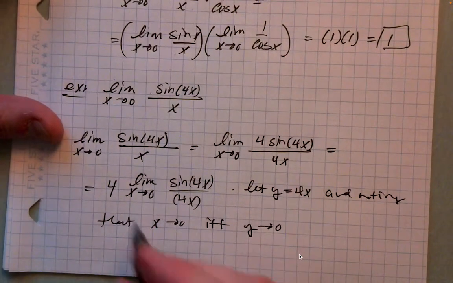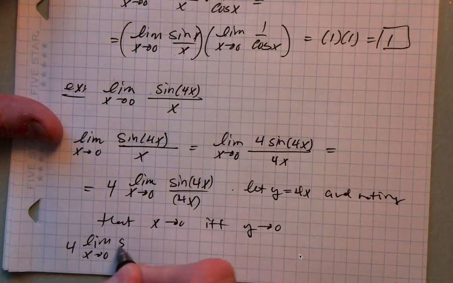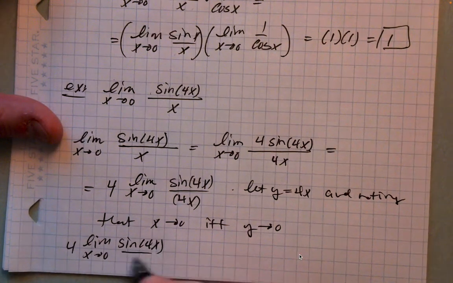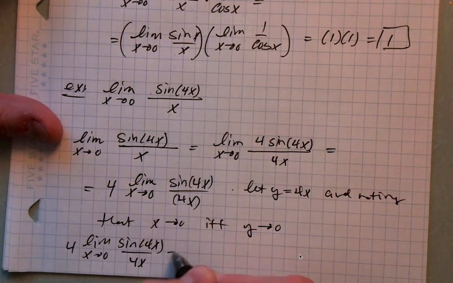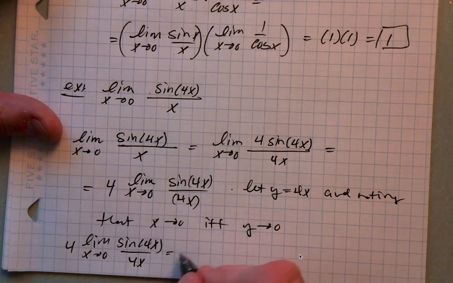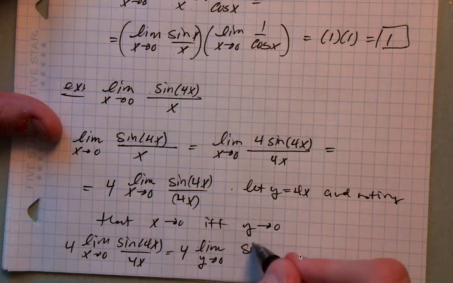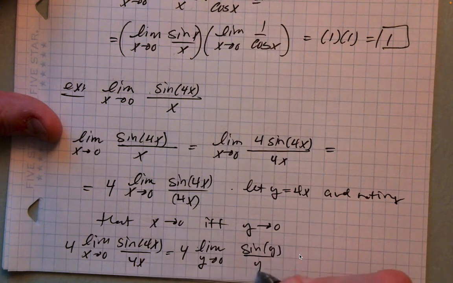We could say 4 times the limit as x approaches 0 of sine of 4x over 4x is equal to, well, let's just substitute y in for every time you see 4x. Instead, we could say 4 times the limit as y goes to 0 of sine of y over y.